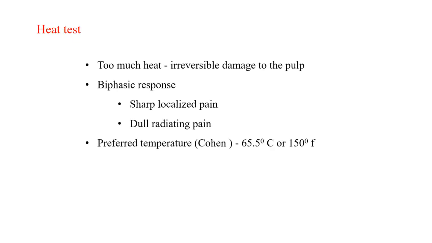Remember, when you are doing a heat test, the temperature should not go beyond 65 degrees Celsius, and the probe should not be placed on the tooth for more than 10 seconds, because heat, if placed on the tooth for a long time, can even damage the normal pulp. Now you can have a biphasic response. Either it can be a sharp localized pain or a dull radiating pain.